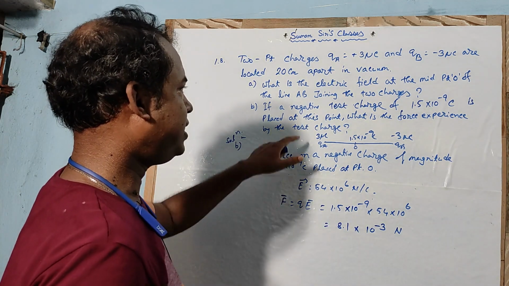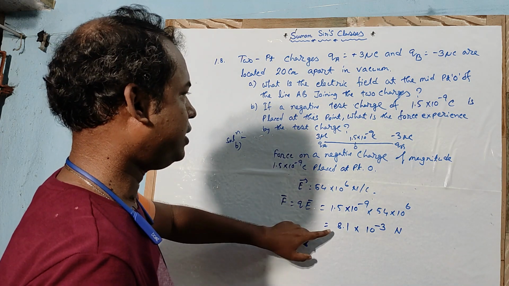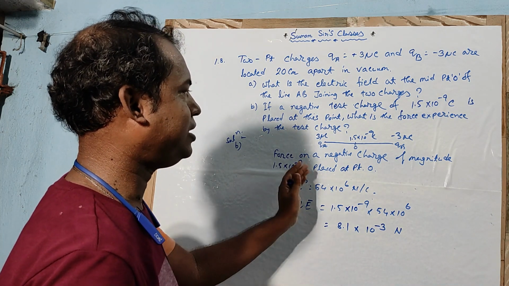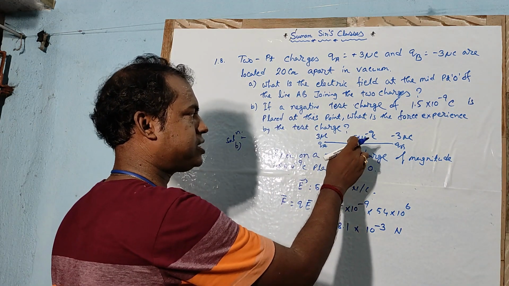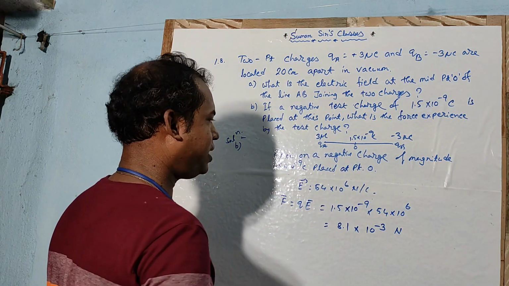Now what is the direction of the force? Here the force is obviously directed opposite to the direction of the electric field, because this is a negative charge, the test charge present over there. So what is the direction?